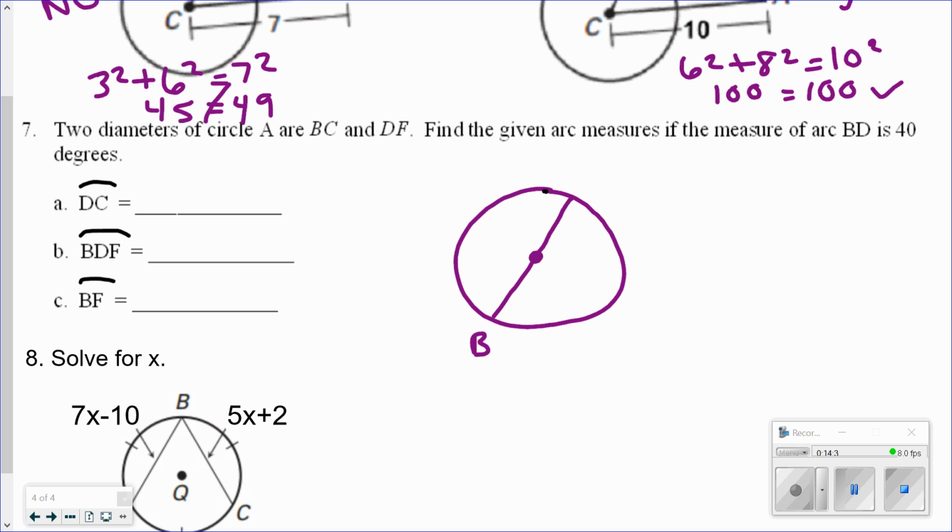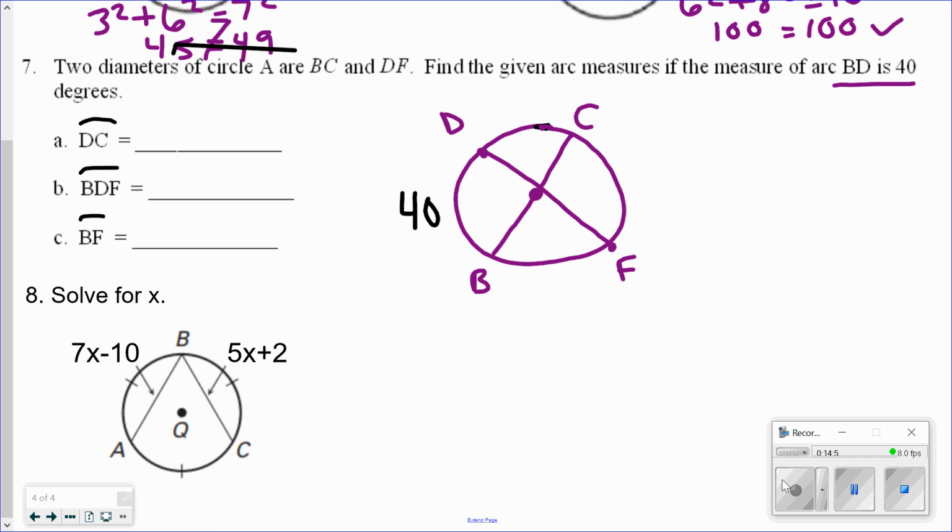I'll call this one BC, and let's call this one DF. So find the given arc measures if the measure of arc BD is 40. So here's my circle, and I now have arc BD written in there. So let's find the measure of DC.